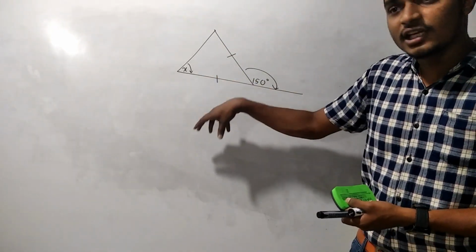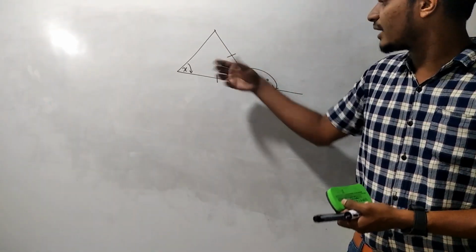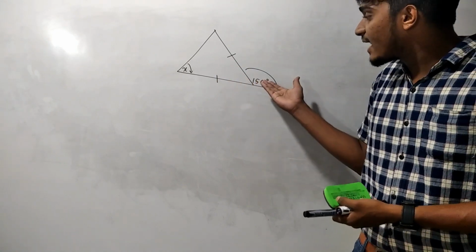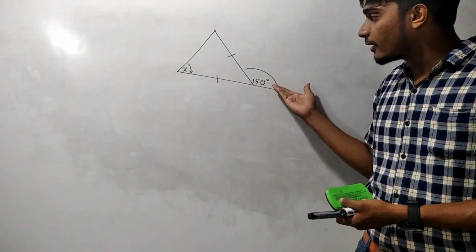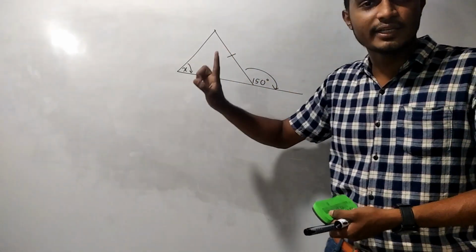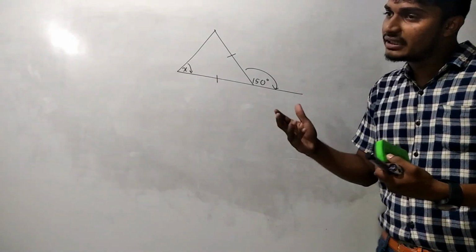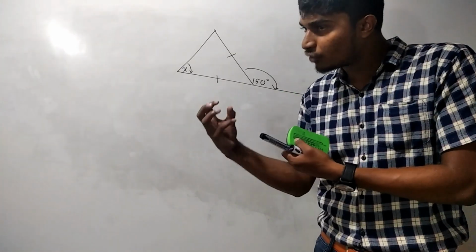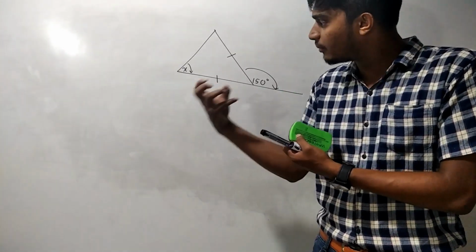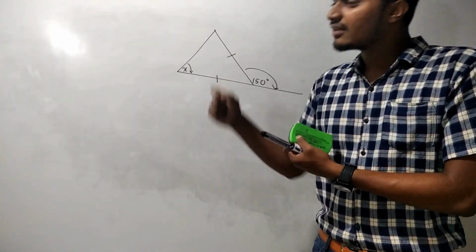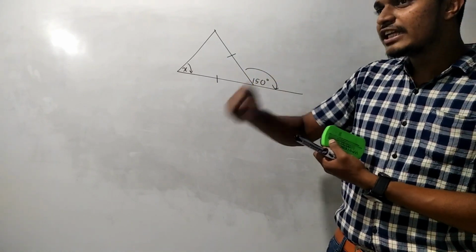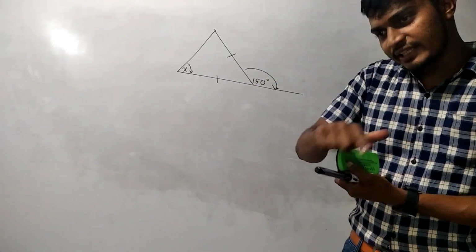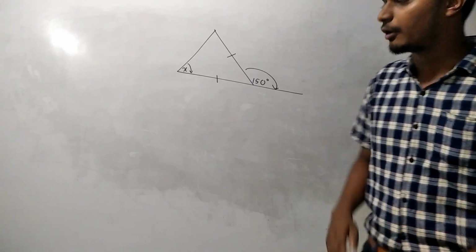There's no way to use the sum of interior angles of the triangle, because the angle being given is an exterior angle and just one interior angle. So the closest possible way of thinking about this problem is by considering that the sum of interior opposite angles is equal to the exterior angle.